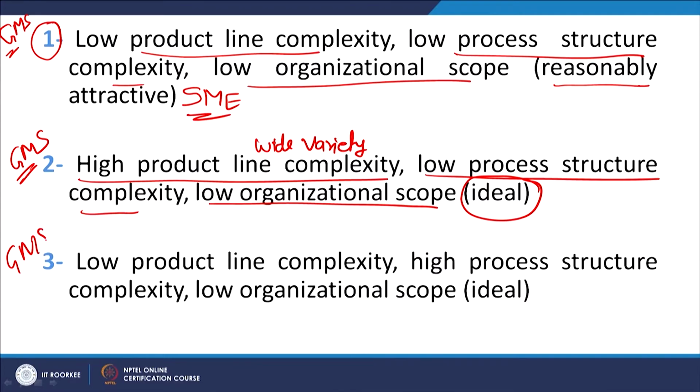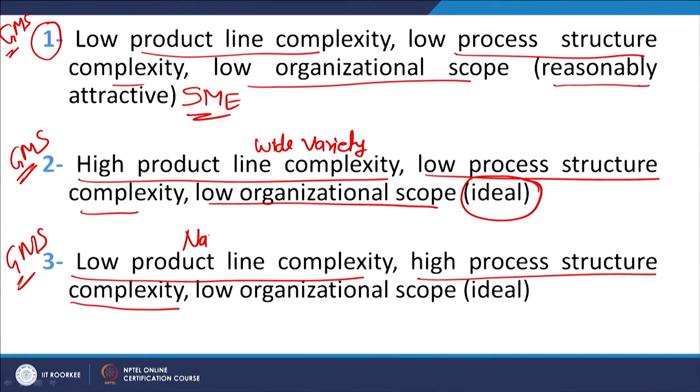Now, the third type of generic manufacturing strategy is point number 3. Point number 3 says that you have a low product line complexity, but now you have high process structure complexity. When you have low product line complexity, it is possible when you have narrow product lines.